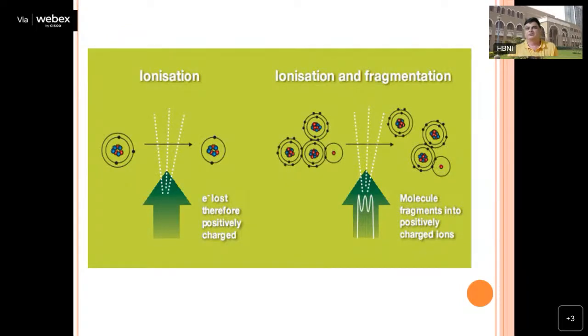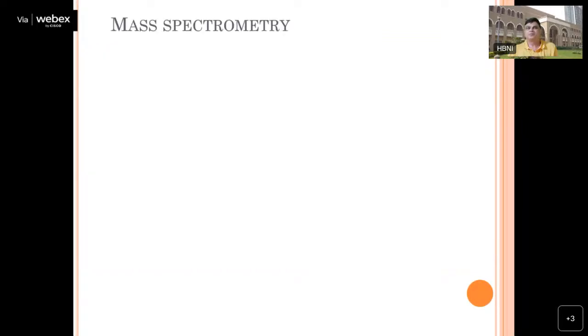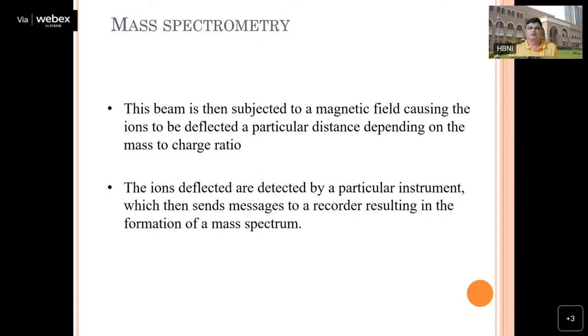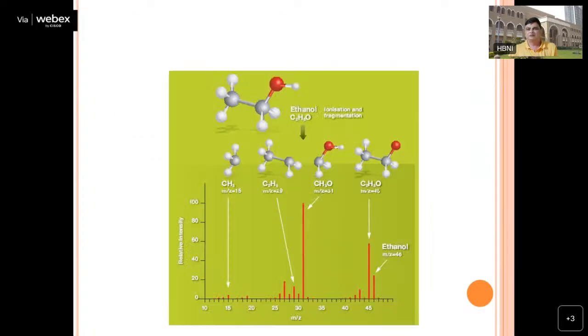This is how ionization and fragmentation occur, and then this beam is subjected to a magnetic field, causing the ions to be deflected at a particular distance depending on their mass to charge ratios. The deflected ions are detected by a particular instrument, which then sends a message to the recorder.